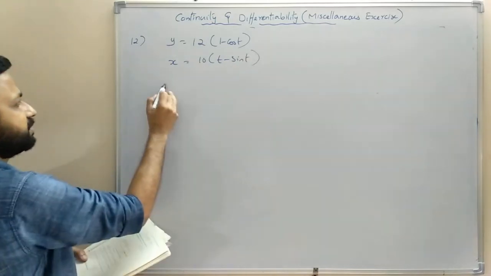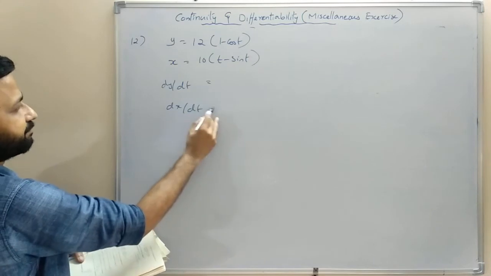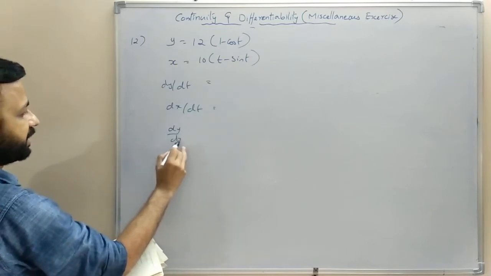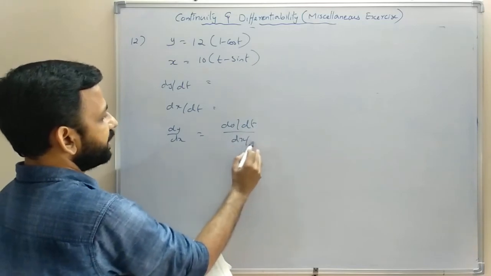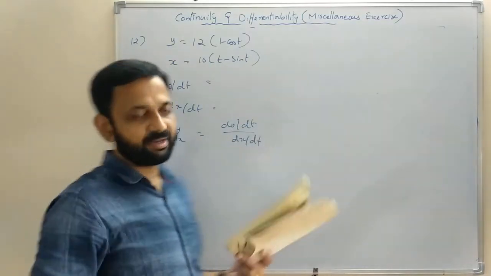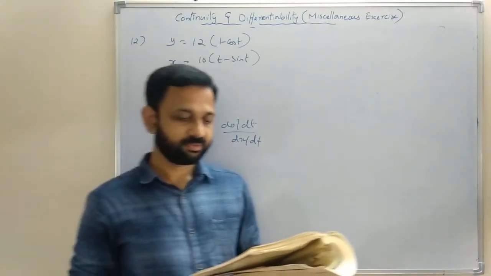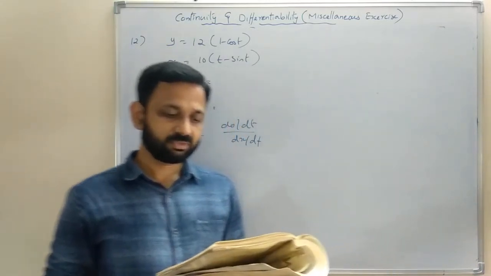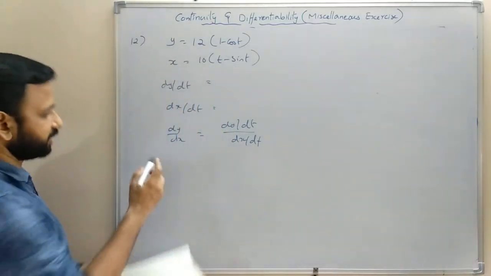So first we will find dy by dt, then dx by dt, then dy by dx is equal to dy by dt divided by dx by dt. So this is not difficult now. So you can do by yourself. So we can do that question. Then question number 12. Then 13th question.